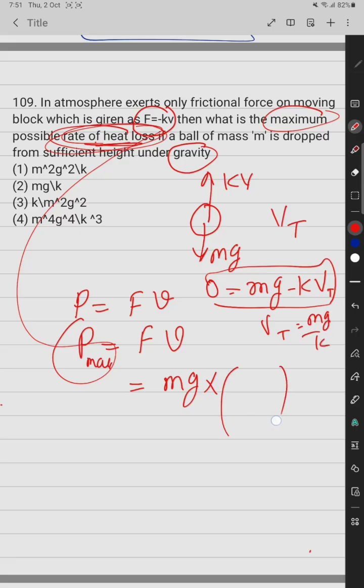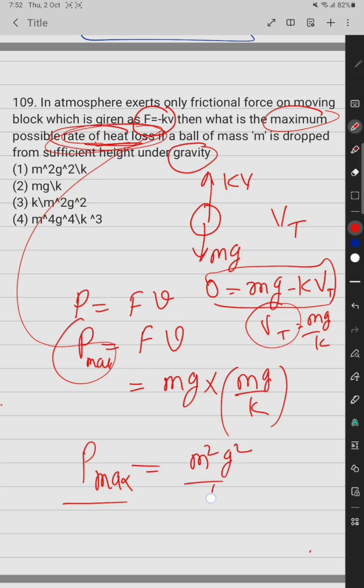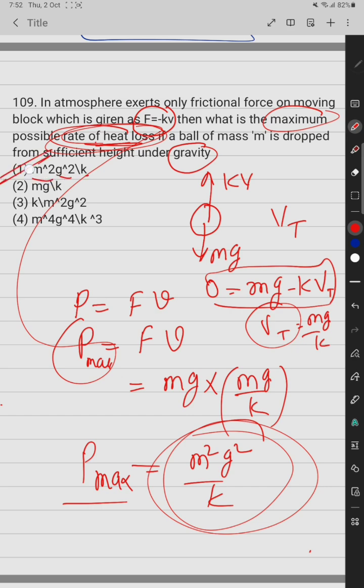If we put in the terminal velocity, it is mg by k. Therefore the maximum power loss is m square g square by k. I think m square g square by k, the first option, is correct.